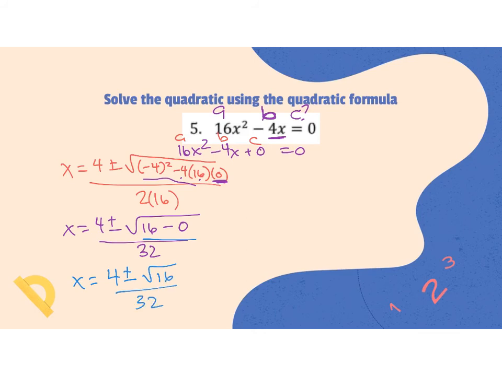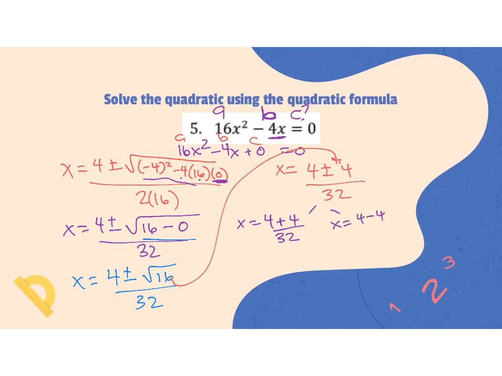All right. Coming up to the top. X equaling 4 plus or minus, the square root of 16 is 4 over 32. Split them apart. That's x equaling 4 plus 4 over 32, and x equaling 4 minus 4 over 32. So the left one, 8 over 32, is a quarter.